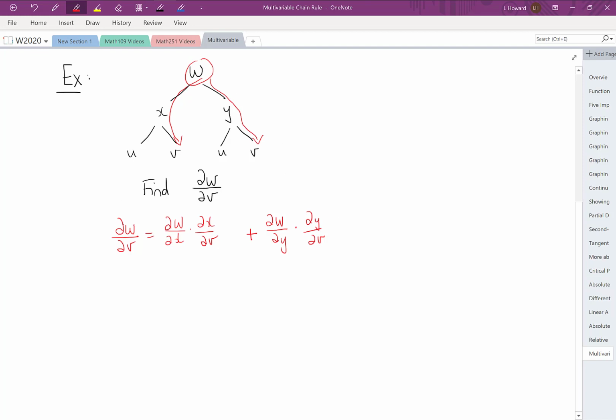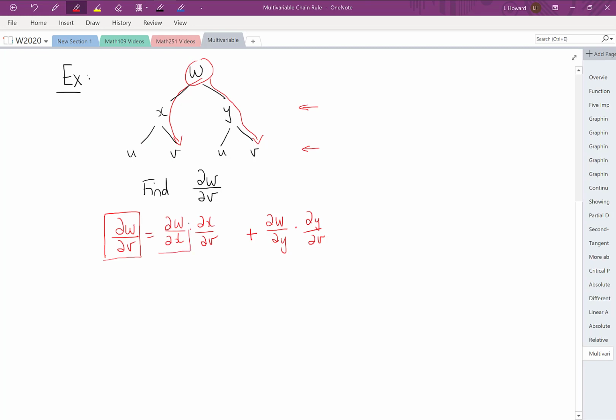I would point out here that all the derivatives we've written down in this line of calculation are partial derivatives. The reason is that at both levels, we had multiple variables coming into play. On the second level we had variables x and y, and on the bottom level we had variables u and v. So we talk about the partial derivative of w with respect to v, because w ultimately depends on two variables, u and v.